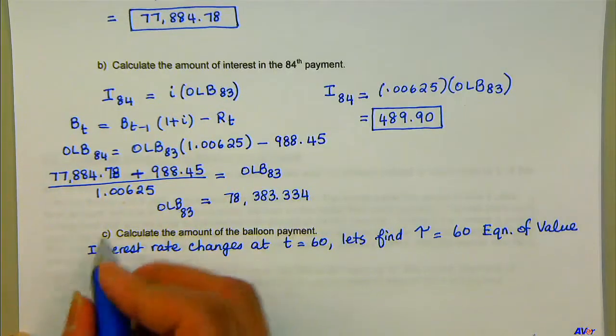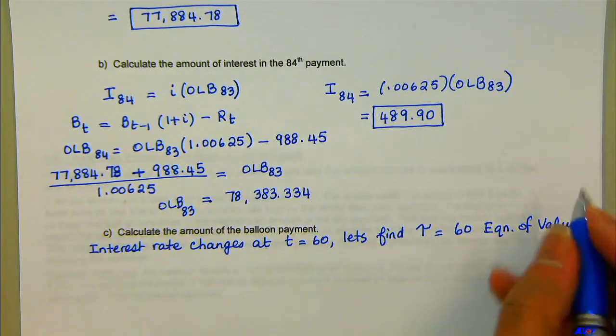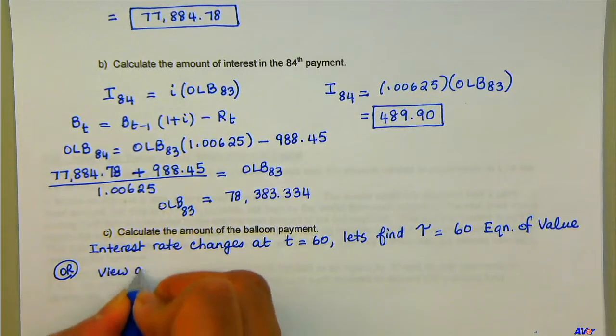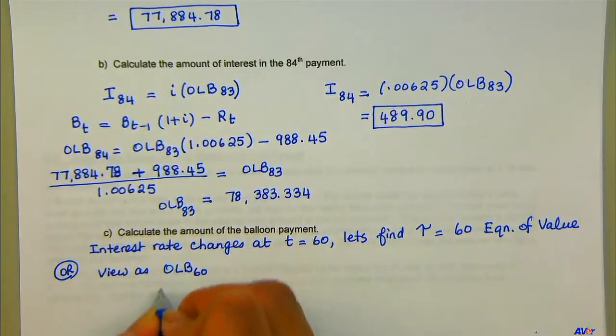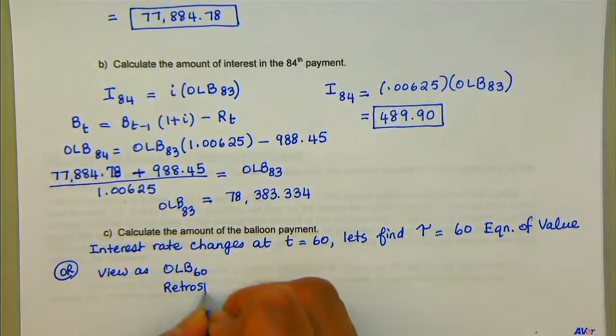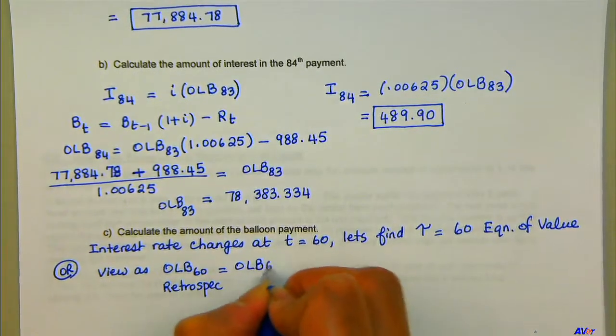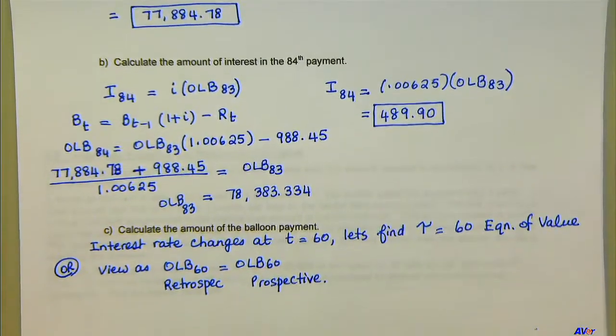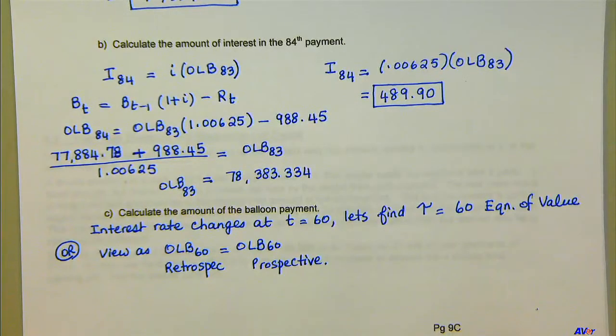I could also view this as OLB 60 retrospective equals OLB 60 prospective. The OLB 60 is the OLB 60, right? So if I take the retrospective approach and set it equal to the prospective approach, both those values have to be the same. That would be the same as taking the tau equals 60 equation of value, setting it equal to 0. Follow me? So let's go.